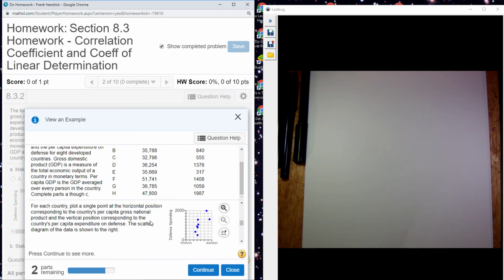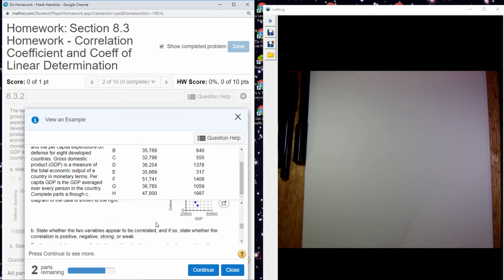So then you go ahead and you plot your data between 20,000 and 55,000 and see how it falls.